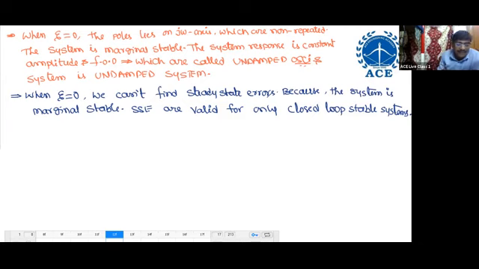Okay? Next, case 2. What is case 2? Zeta greater than 0 and less than 1. This case is very important.